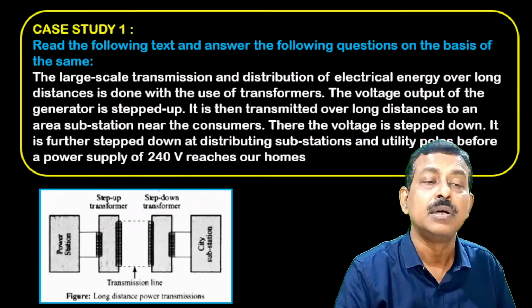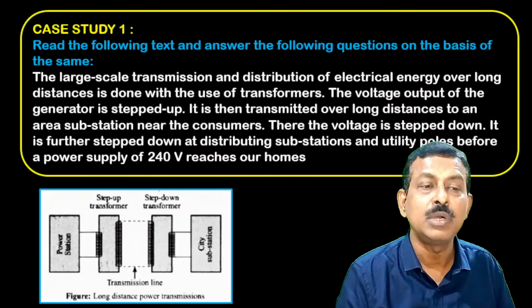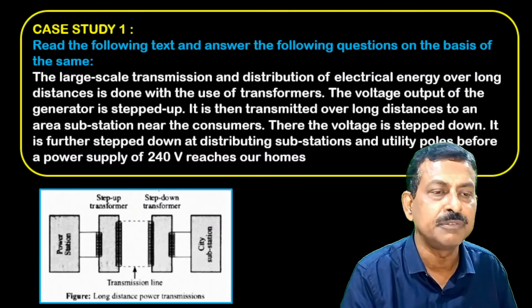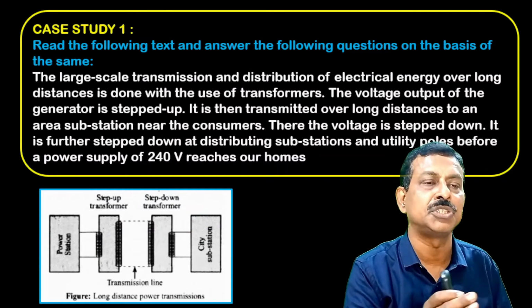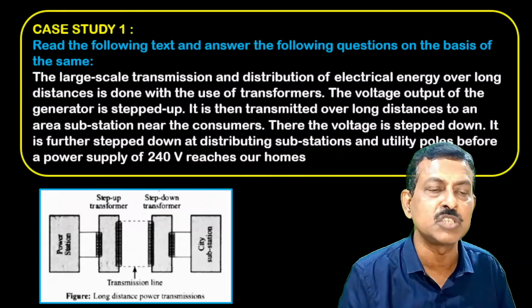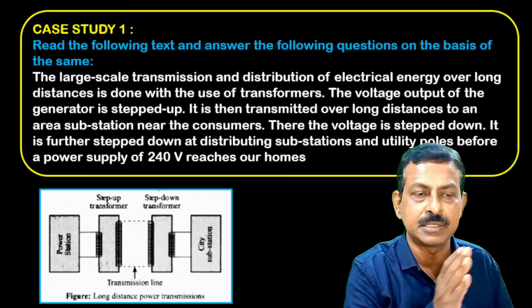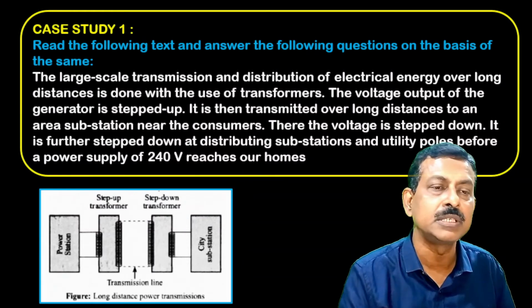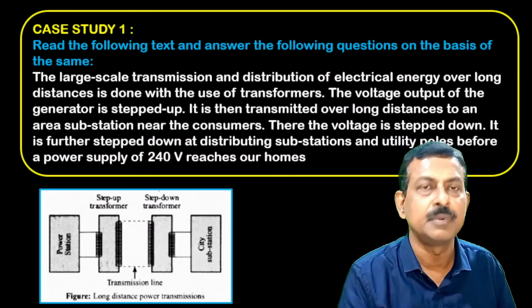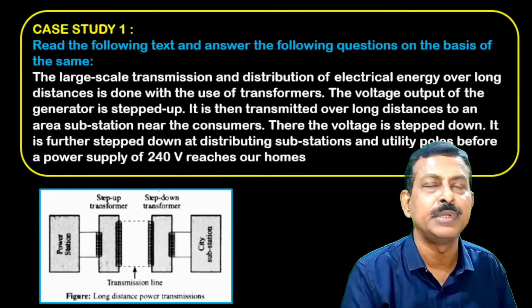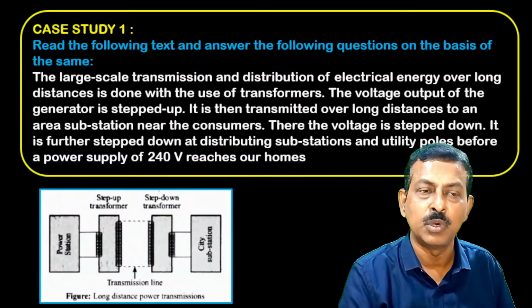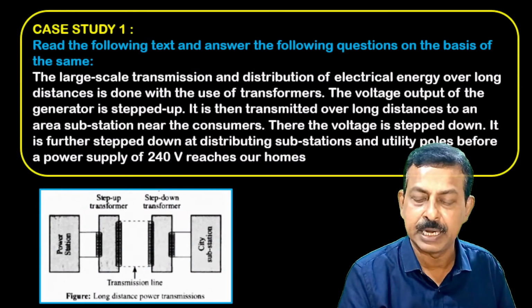So this was the passage, and now there is a diagram also given, where we have the power station and a step up transformer first, then long distance transmission is done, then we have the step down transformer, and at the other end we get the power supply at our houses.